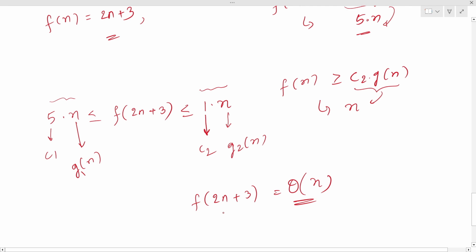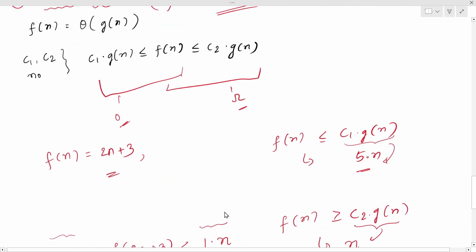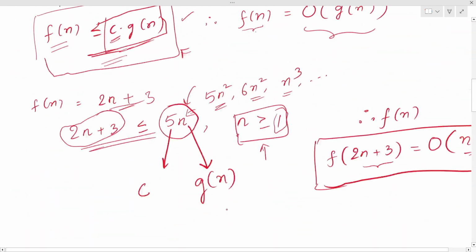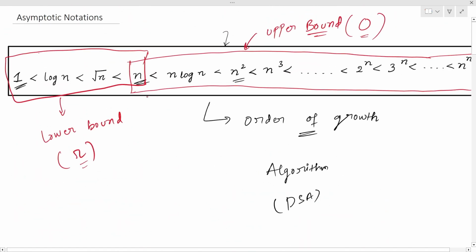So what we are doing in theta notation is very simple, right? We are just trying to take only n for theta notation. That means it should not be this left side part and it should not be this right side part, but it must be the values which are in between those two things. That means this is an average bound, and for theta notation, remember that we are going to represent it only in the form of n.